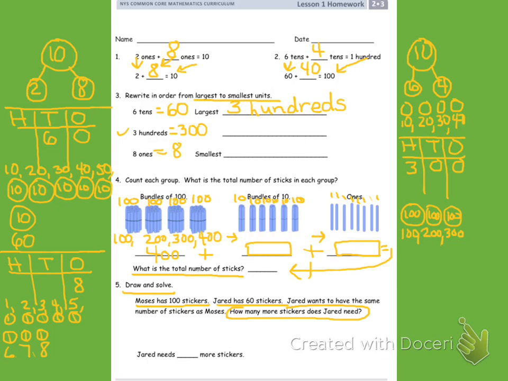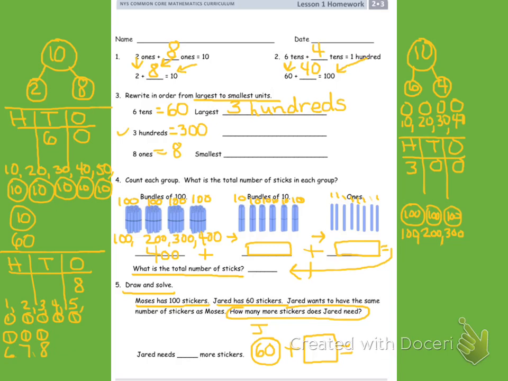So I better go ahead and draw a picture. I'll label it J for Jared. We know that Jared has 60 stickers. And he wants the same number as Moses. We don't know how many more he needs to have in order to equal the same number of stickers that Moses has.